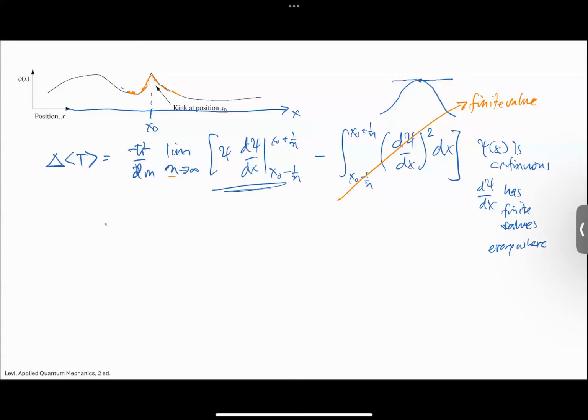So now we evaluate this limits of integration. So now we have psi of x naught plus 1 over eta. Psi prime is the derivative, no? X naught plus 1 over eta minus, so may limit pa rin dito as eta approaches infinity. Okay. And then psi x naught minus 1 over eta psi prime x naught minus 1 over eta.